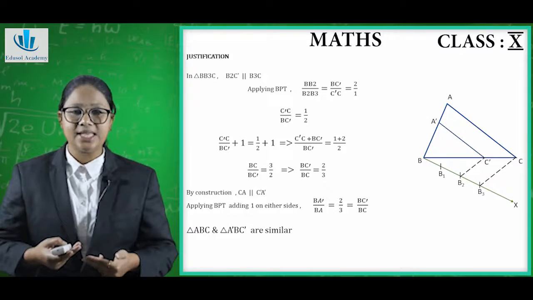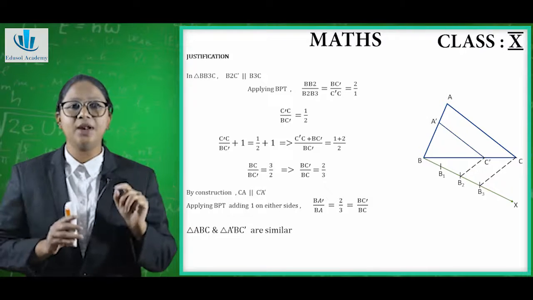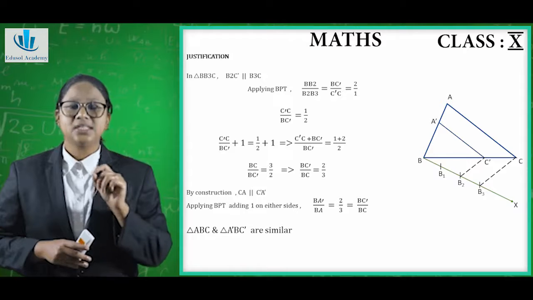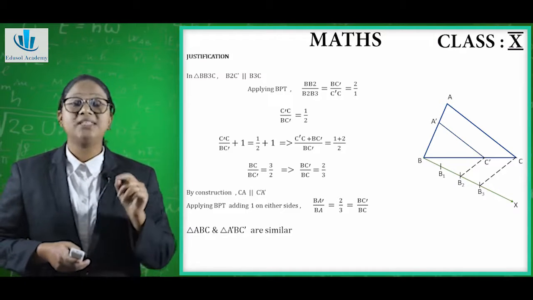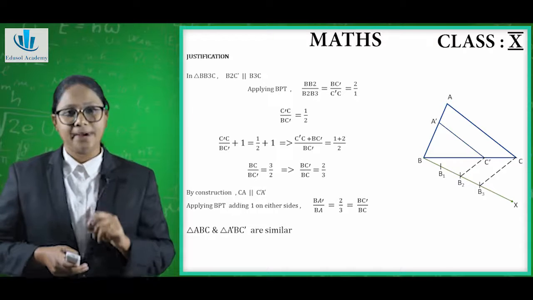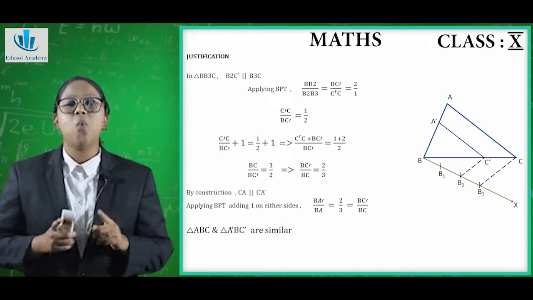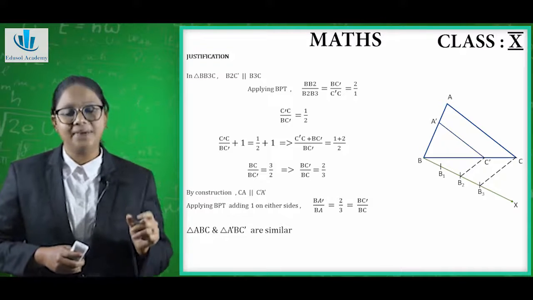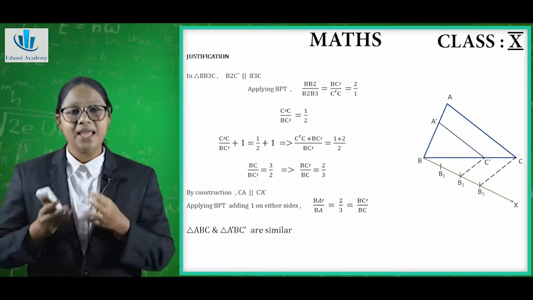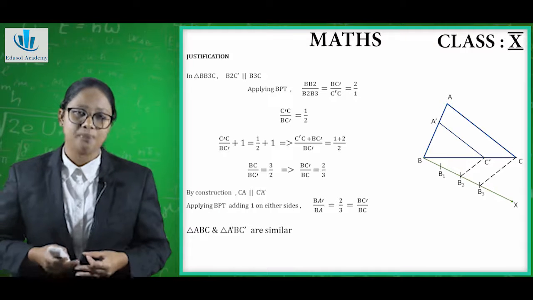Or we can reciprocate that. We need the C part. So we'll write C dash C by BC dash is equal to 1 by 2. Now add 1 on both sides, as in C dash C by BC dash plus 1 will be equal to 1 by 2 plus 1.